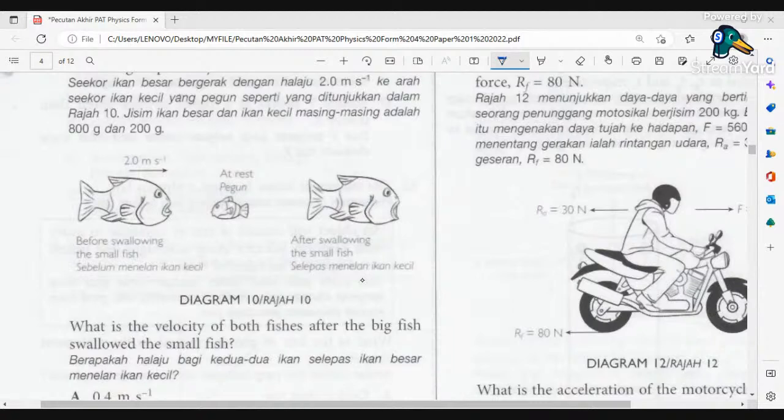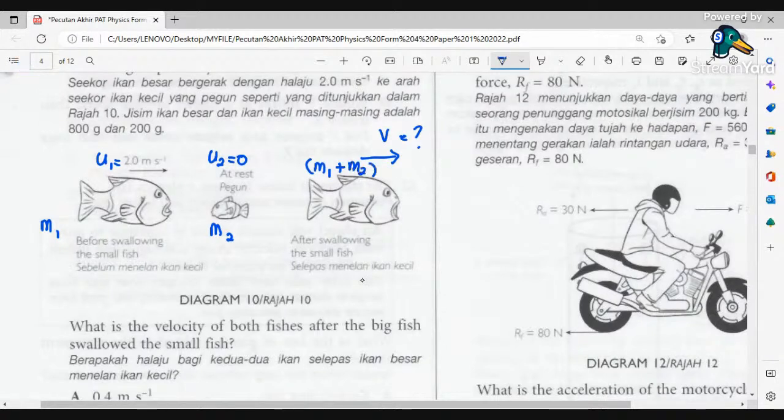So you can see after the big fish with the small fish, okay, inside its stomach, so they move together. So we can say, let's say they move together with common velocity v. Okay, so u1 equals to 2, u2 equals 0. We want to find v. So you can put as m1 for the big fish, m2 small fish. Swallowing the small fish means finally they will become a combined mass m1 plus m2.